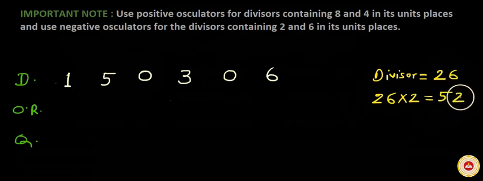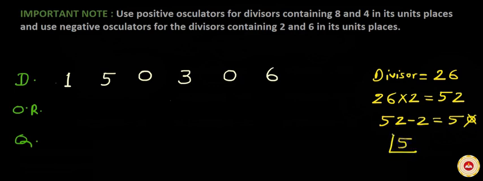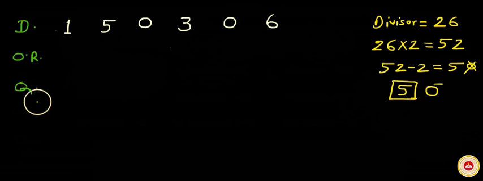So 2 is in the units place now. 52 minus 2 is equal to 50. Now neglect this 0 and write 5 as it is. This 5 is the negative osculator, O for osculator and the minus sign for negation.